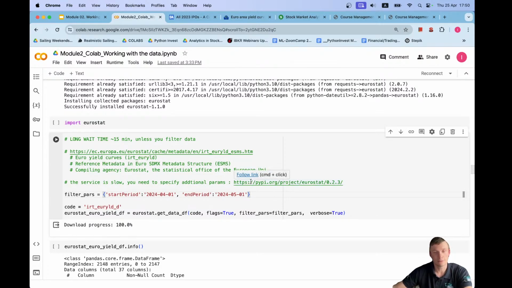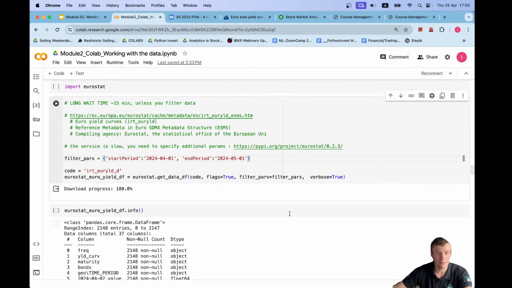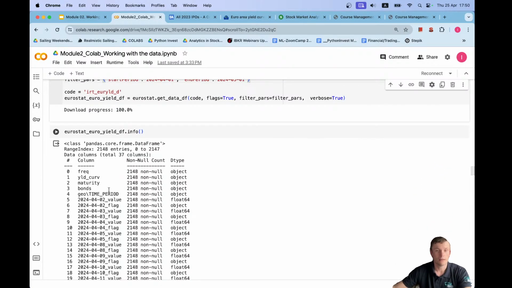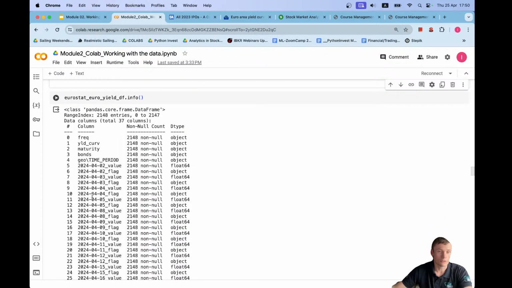I had to look into the code definition of this data and understand what input parameters it allows to make it work faster. Now it's working in 10 or 20 seconds, but that's the problem with new APIs, that sometimes they are not very well documented, or slow, or not reliable, or not very convenient.